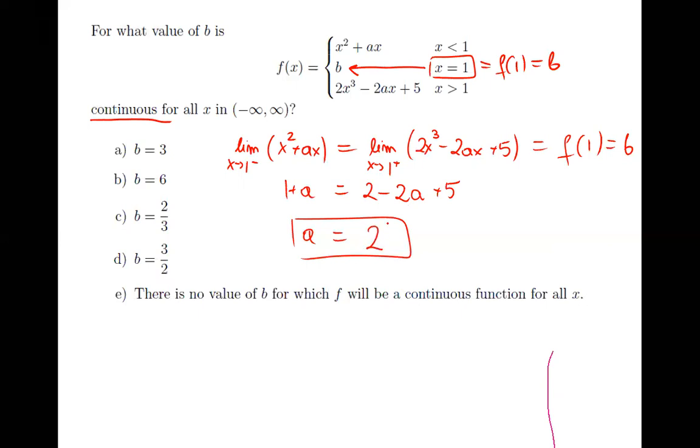Okay. But now we can see, luckily, that the value 2 is not the option, because this is a. Who can tell me what is the value b? Everything is almost given. Oh, 2/3. Interesting.